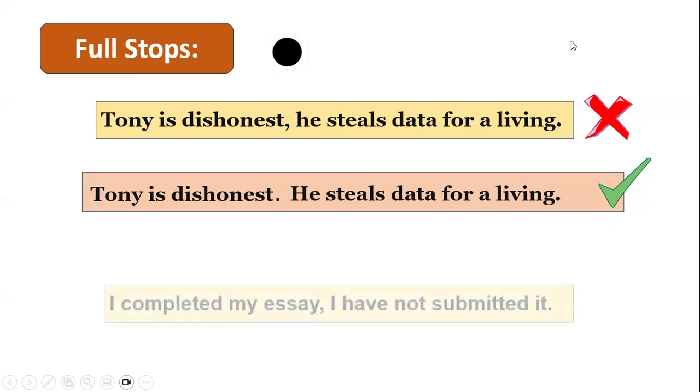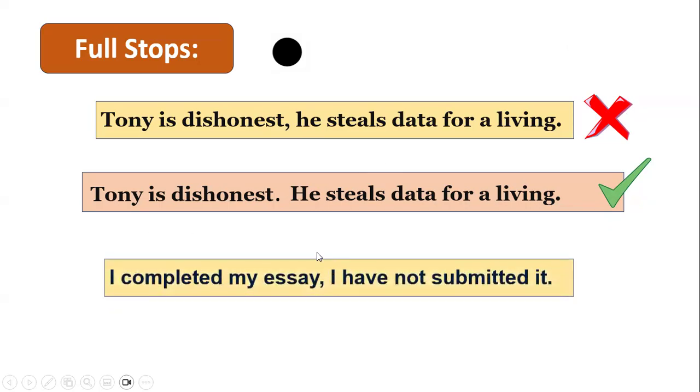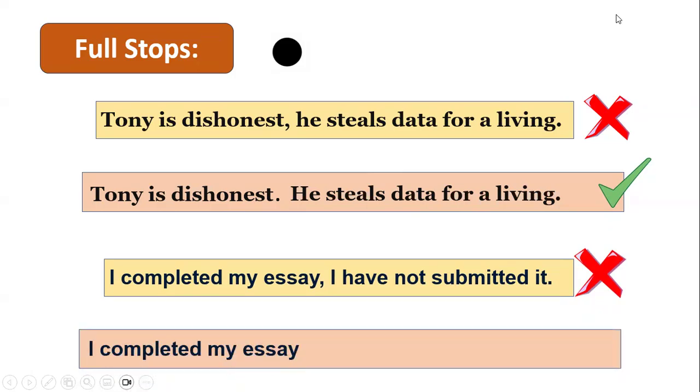Okay, another example. I completed my essay. I have not submitted it. This is a comma splice because the comma is used in the wrong place. So I will simply put the first sentence, use my end mark, which is the full stop here, and then use the other sentence. So there will be two complete sentences using full stops.